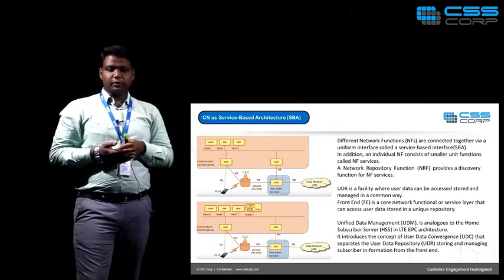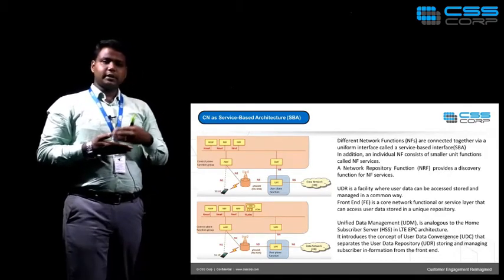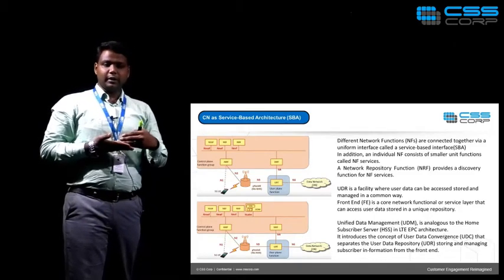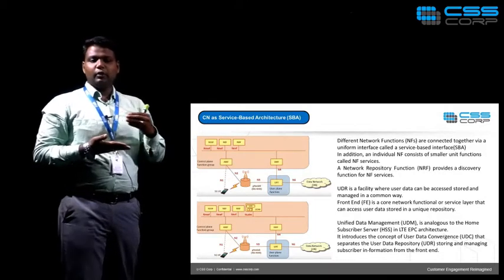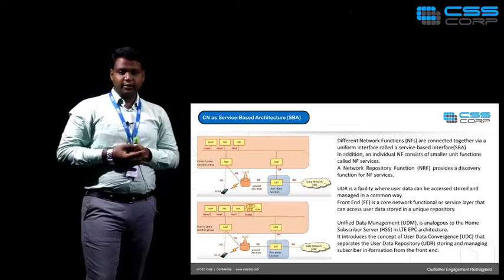So subscriber storage and also the information from the front end, like what are all the signals going to be transferred from one element to another element between the network functions. So it will have all the data. Let's look into the next element.